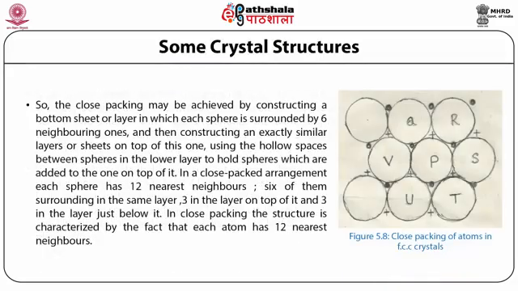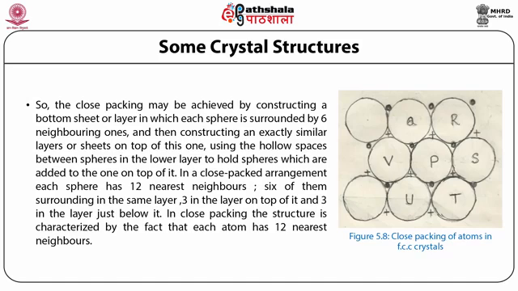So the close packing may be achieved by constructing a bottom sheet or layer in which each sphere is surrounded by 6 neighboring ones, and then constructing exactly similar layers or sheets on top of this one, using the hollow spaces between spheres in the lower layer to hold spheres which are added to the one on top of it.